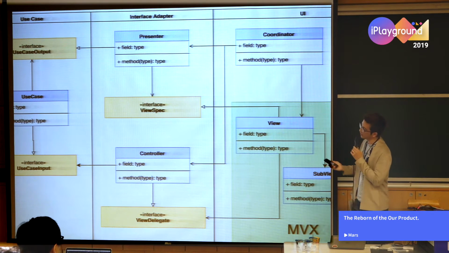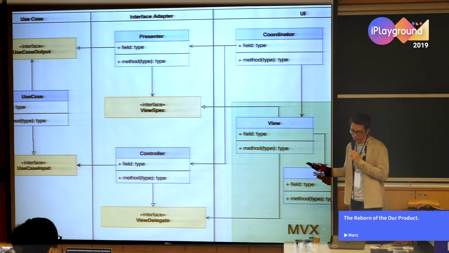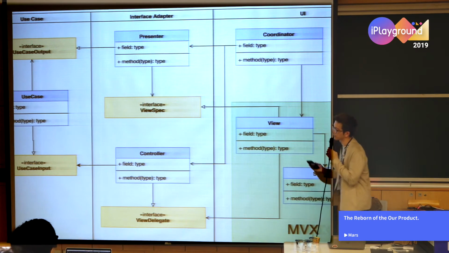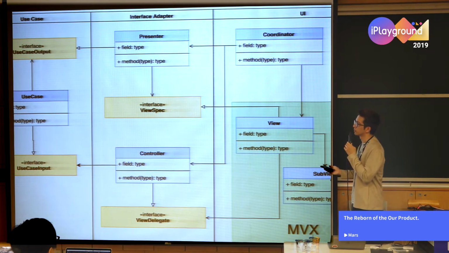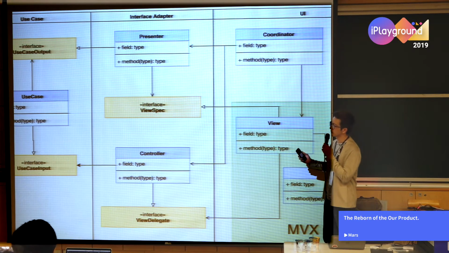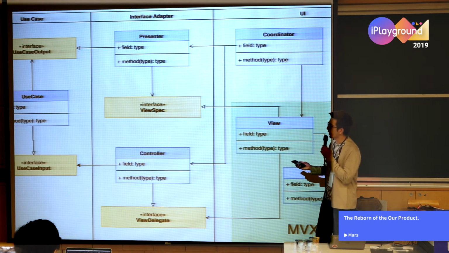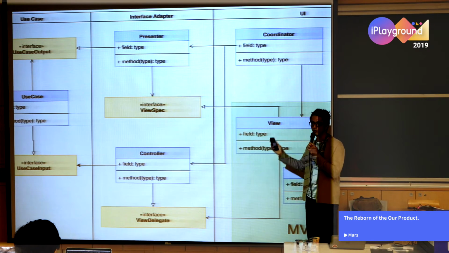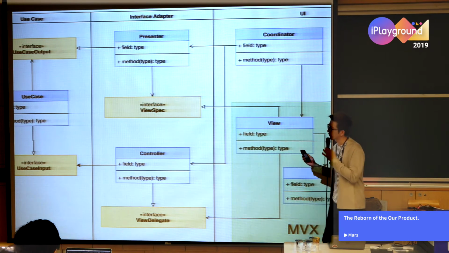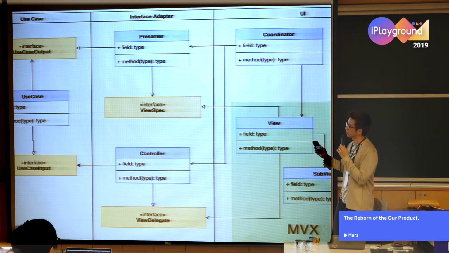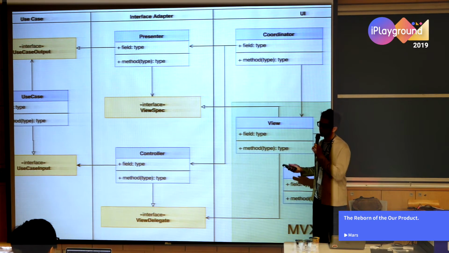And the interface adapter also depends on the use case, like this. We use some techniques to achieve that, like creating some interfaces and inverting the dependency to achieve the dependency relation.